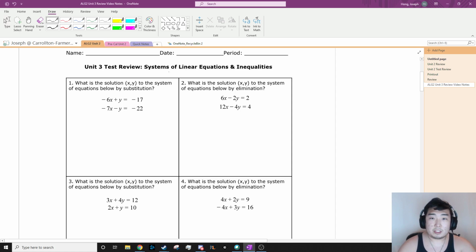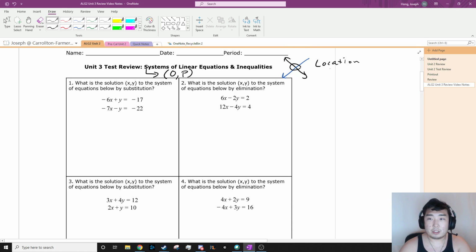So remember that systems of linear equations and inequalities are really about getting an ordered pair. It's like when two lines cross, if I have a black line and this blue line, what I'm asking you to find is the intersection, or a location.